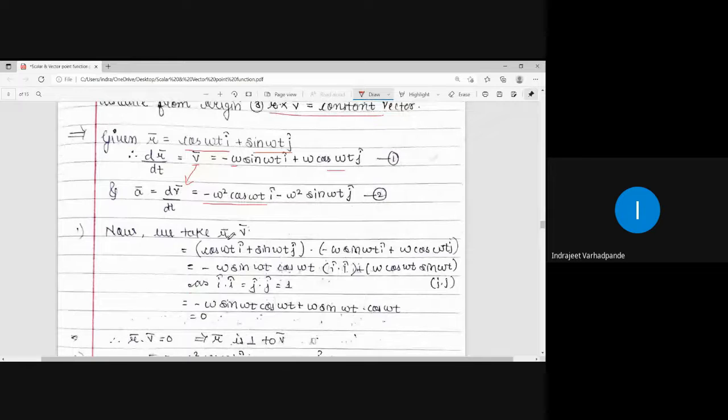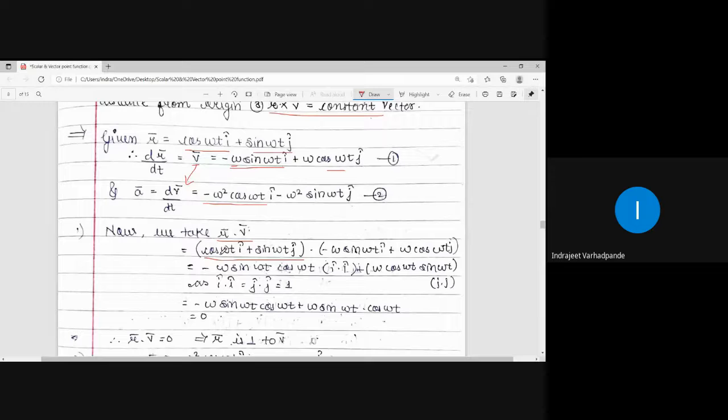So take the dot product r bar dot v bar. R bar is the original vector, which is written as cos omega t i plus sin omega t j, multiplied by, or taking the dot product with, v bar. What is v bar? Minus omega sin omega t i plus omega cos omega t j. I dot i will be 1, j dot j will be 1.